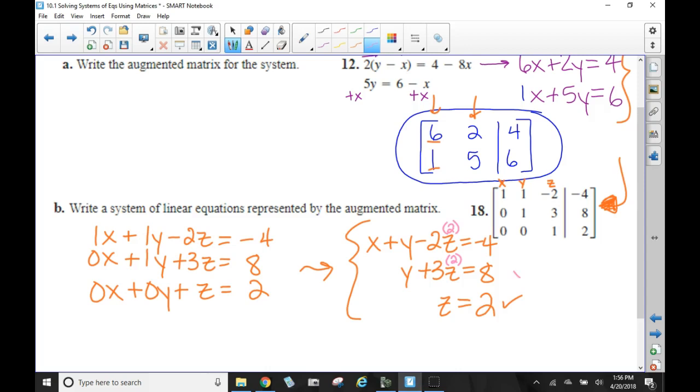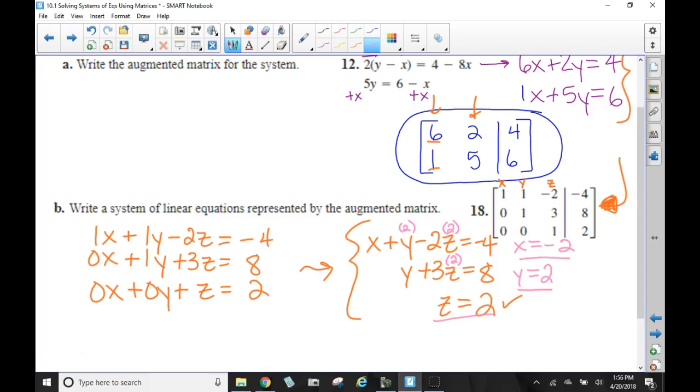If z is equal to 2, y would be 8 minus 6, so it would also be 2. And if y is 2, then you could also find what x is. It'd be -4, and then plus 4, and then minus 2. I'm not exactly sure I did that right, but I think x is equal to -2.